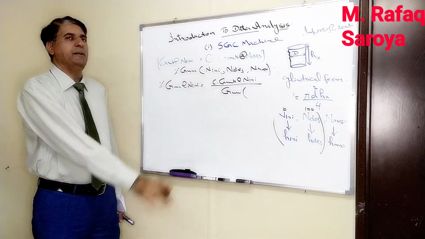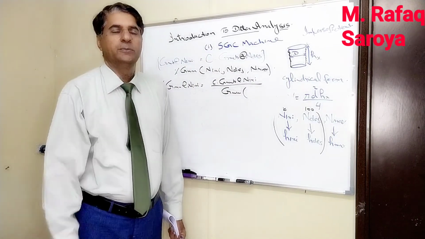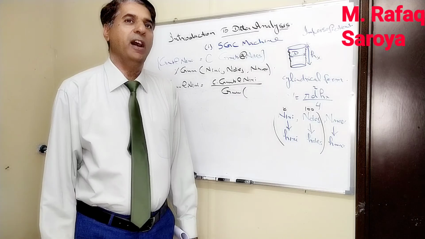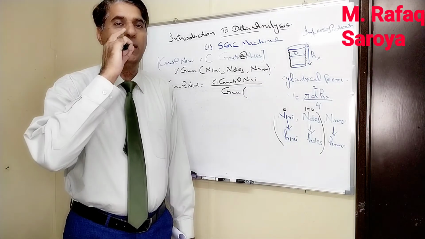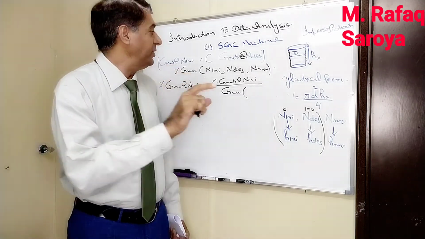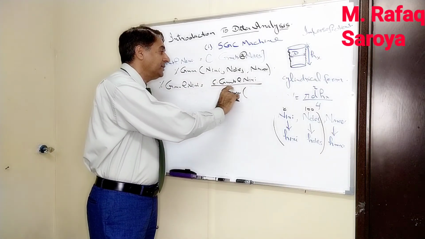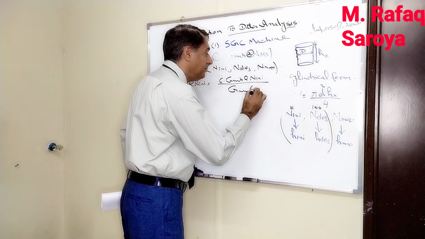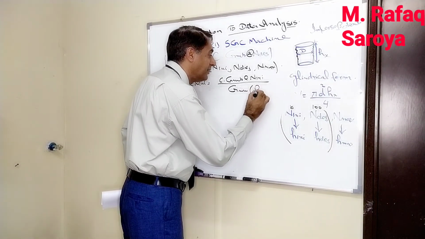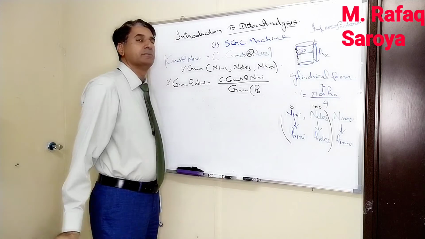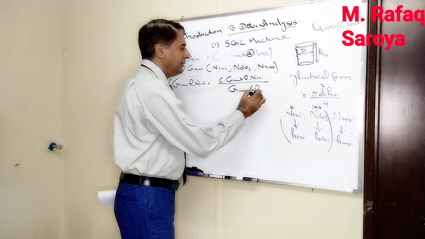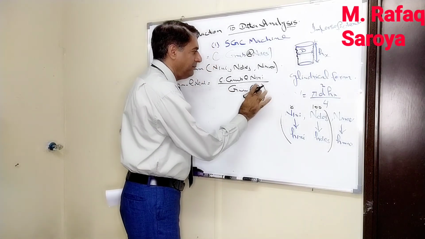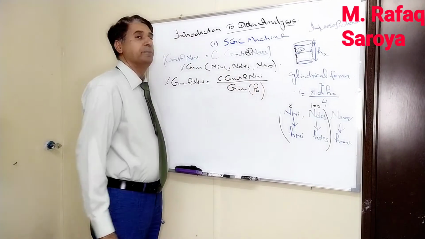Now, what is this GMM? You know, before we have already determined, we have the 3 binder contents, where for each binder content we have determined the value of GMM. So that bitumen content is being taken for this GMM.